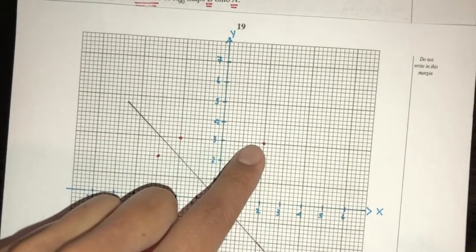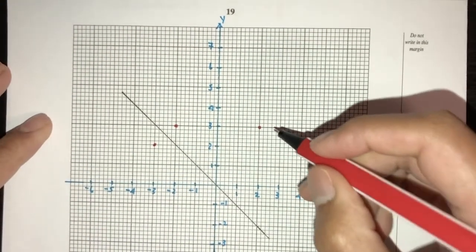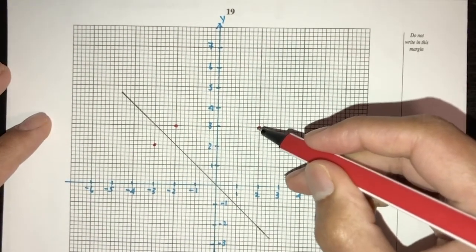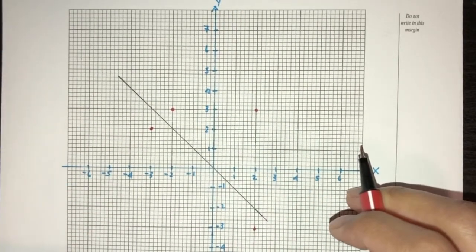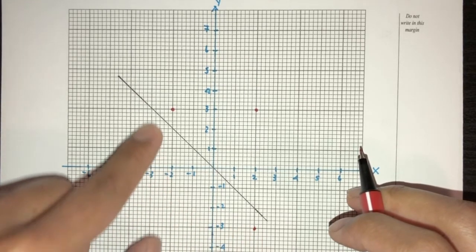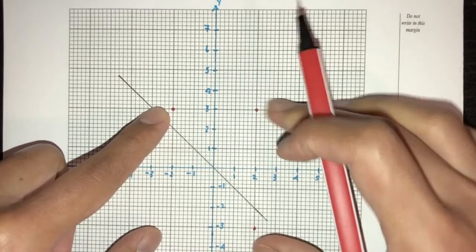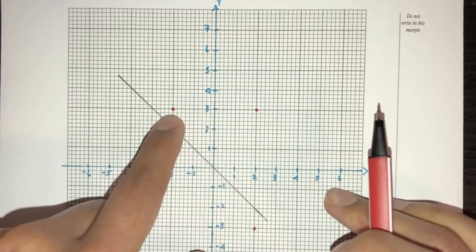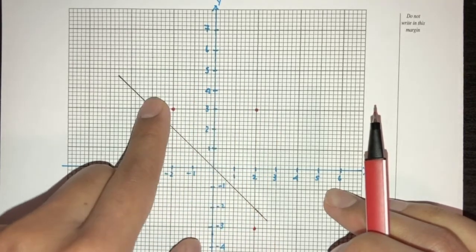If you had this point, and you reflect in your x-axis, this will become this point, for example. And if you rotate by 180, this will become this point. So finally, this became this. So basically, one transformation could be a reflection in this line.